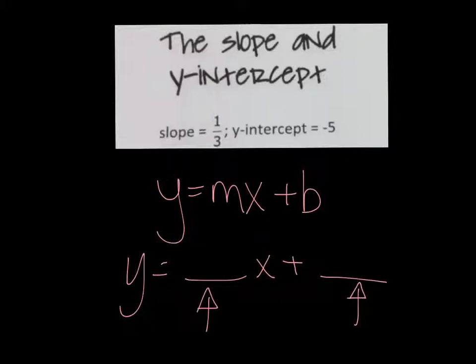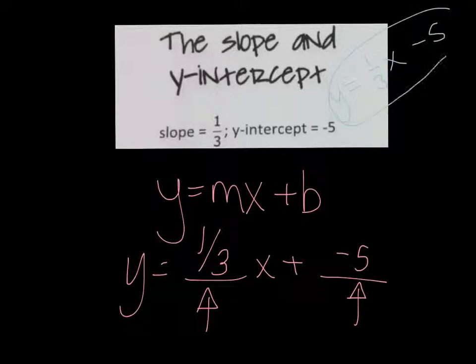So on this example, we're just going to plug in our slope and our y-intercept. So our equation would be y equals 1/3 x minus 5. So that's what you need to write in that right-hand column of your graphic organizer.